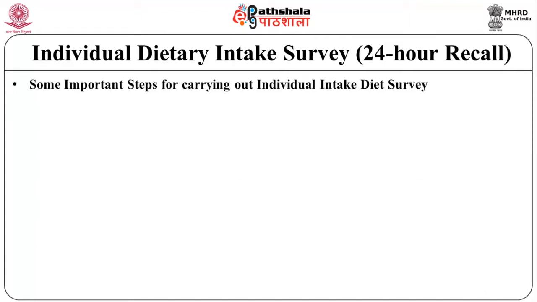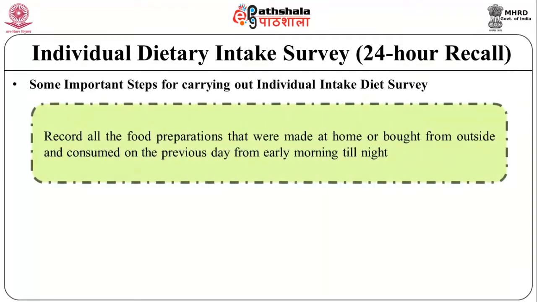Now let's have a look at some of the very important steps for carrying out the individual intake diet survey. In this kind of survey, there is a need to record all the food preparations that were made at home or brought from outside and consumed on the previous day, from early morning till night.